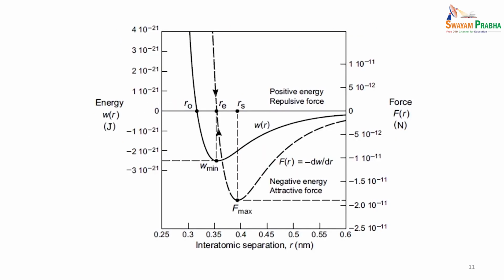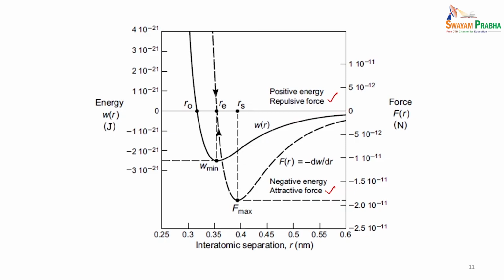So, this is force and energy as a function of intermolecular separation, or the intermolecular distance. Before that I will just say positive is repulsive, negative is attractive. So, these are the attractive range, these are the repulsive range. If the distance is very high, it means a larger distance between two molecules or interatomic, so we are going to have attractive forces.